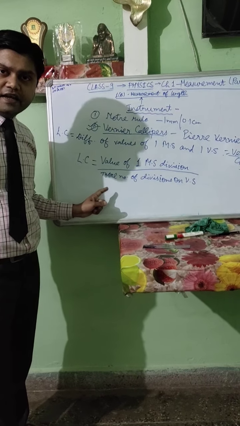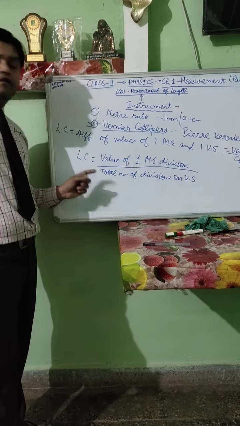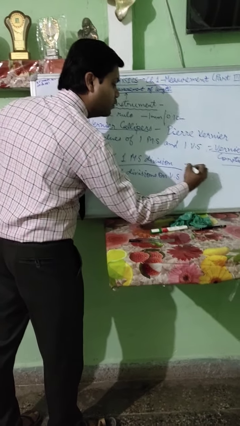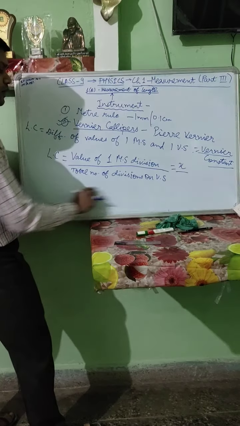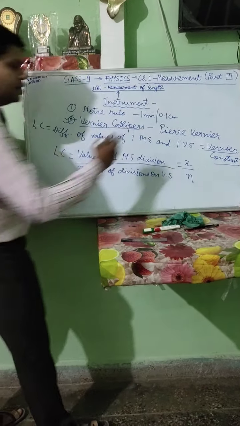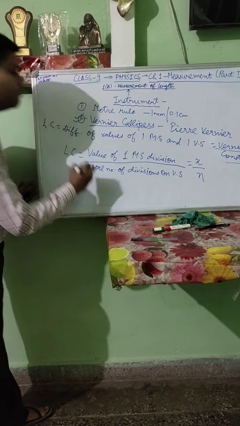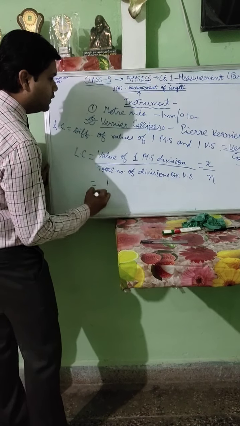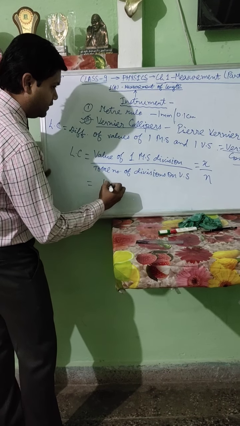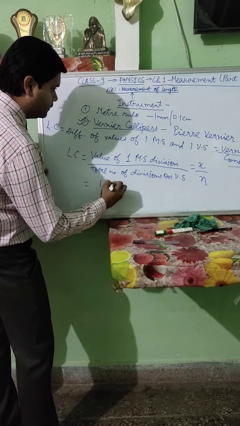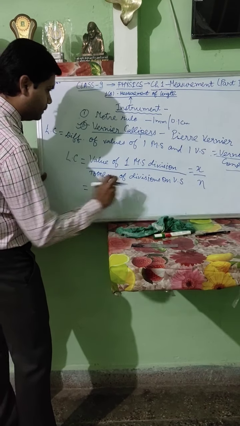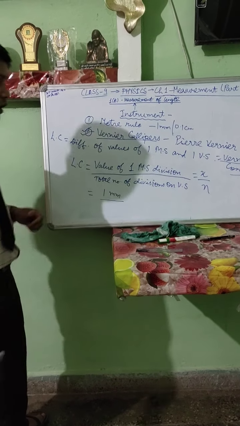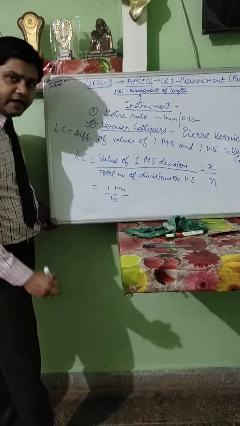Value of one main scale division is noted by symbol X and total number of divisions is noted by symbol N. So the value of one main scale division on vernier calipers is 1 mm, and total number of divisions on vernier scale is 10.